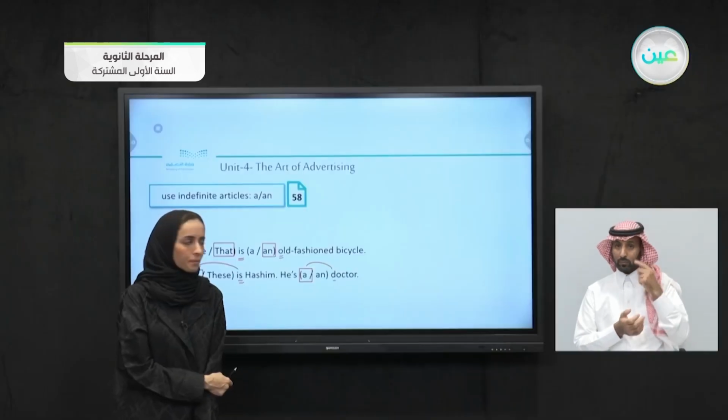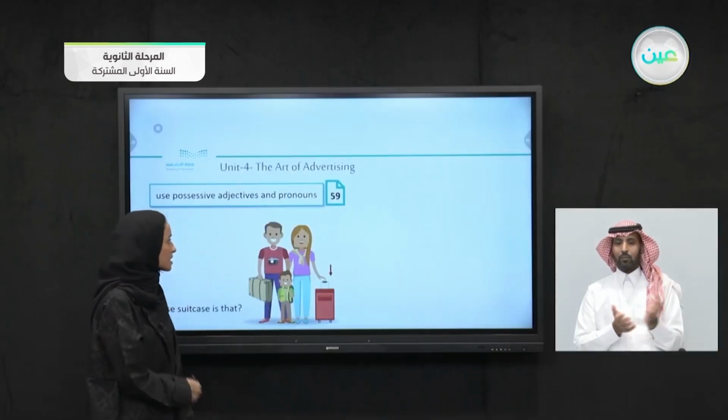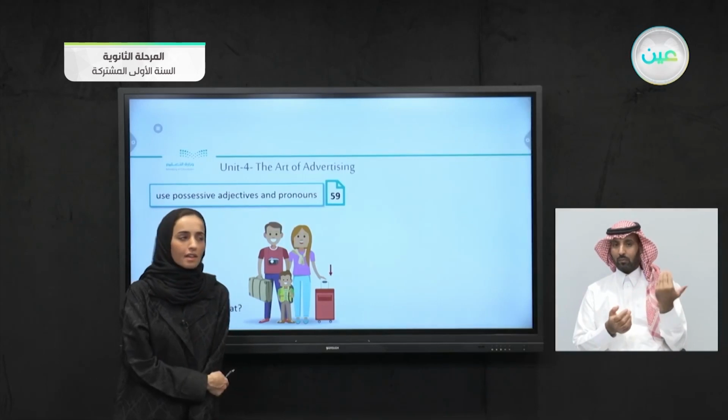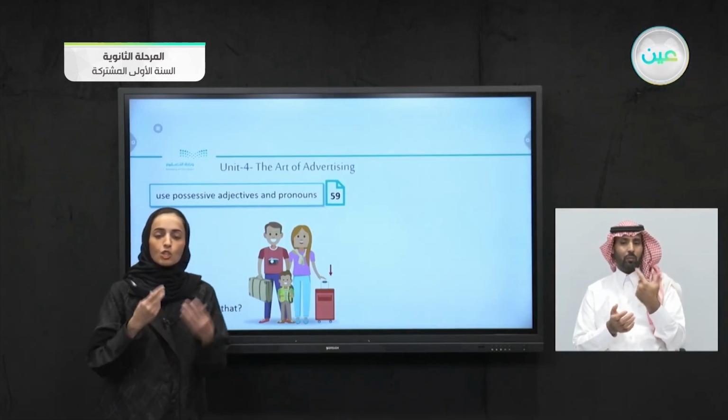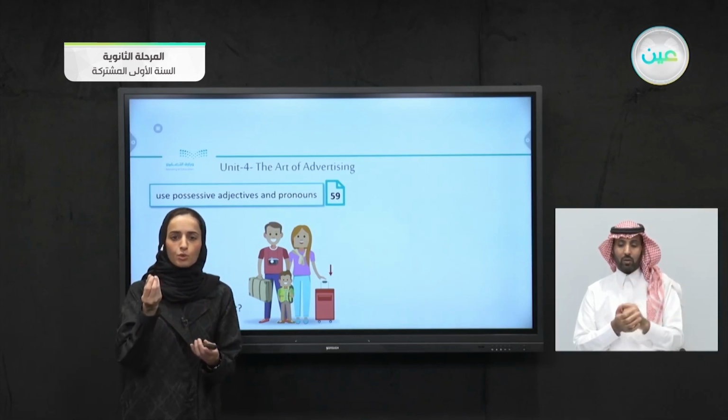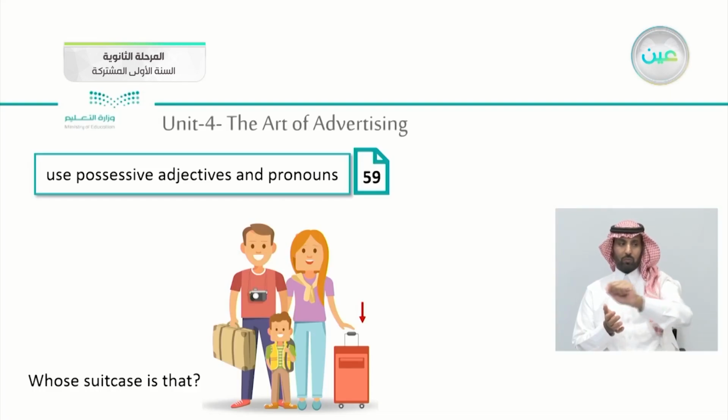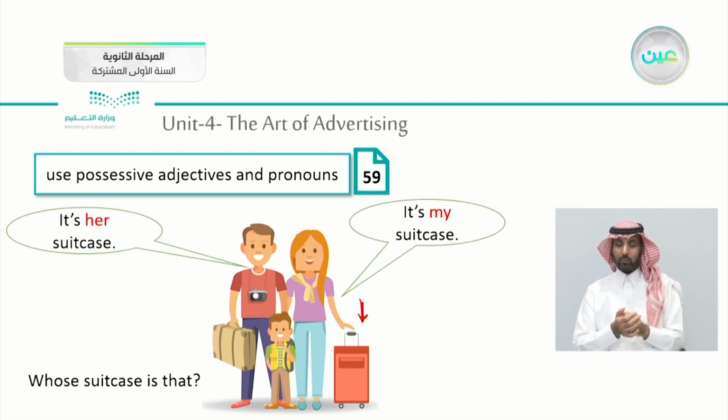Notice the sound. Then we have discussed the idea of the possessive adjectives and pronouns. If I'm asking you a question, I will have this pen. I don't know who it belongs to. You say, whose pen is this? Or let's check the suitcase. Whose suitcase is that? I'm speaking about this one, this suitcase. So she will say, it's my suitcase.